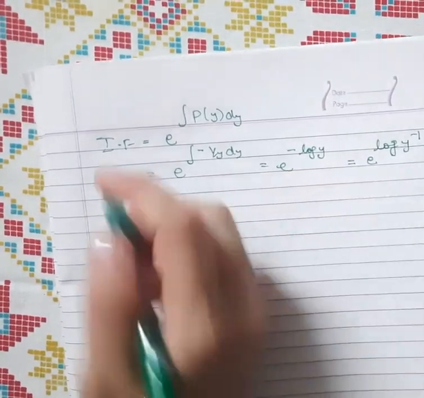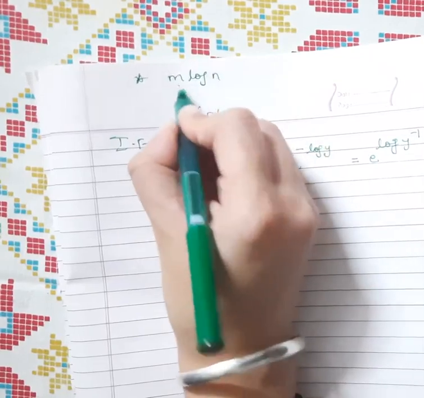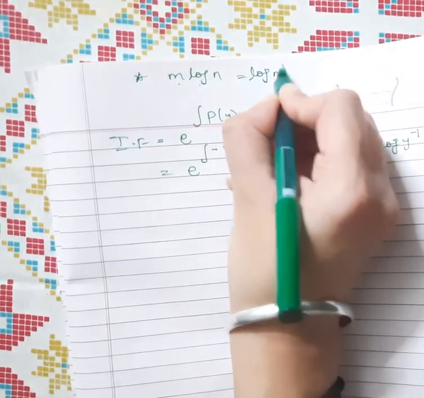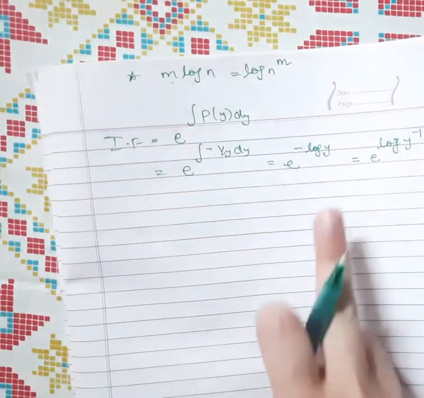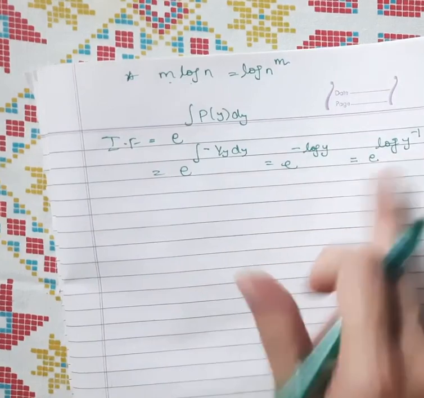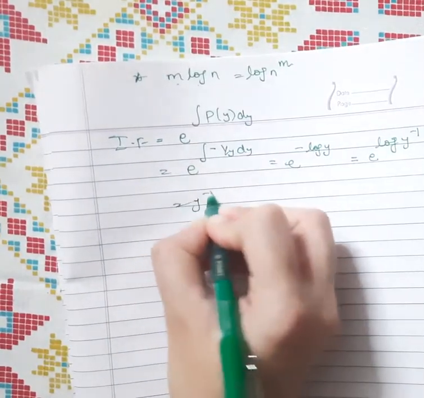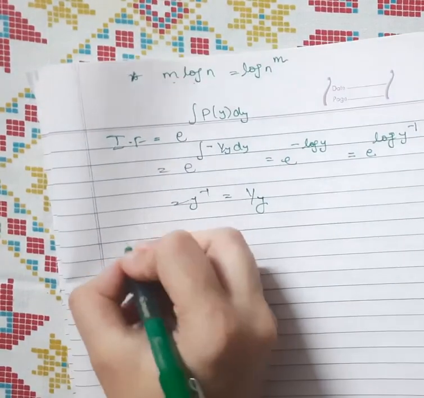Now what we have done here, we have used the property of log function, that m log n can be written as log n raised to power m. ये प्रॉपर्टी होती है हमारे पास log function की ना. So this is what I used here. The negative was here, I shifted that to the power of y. So integrating factor is y raised to minus 1, or you can say simply 1 by y.